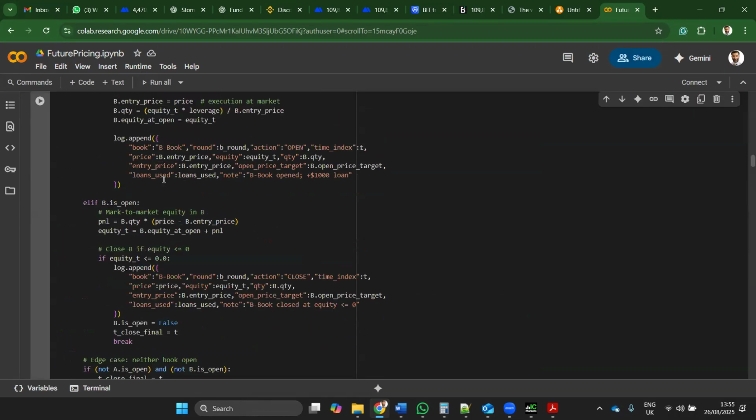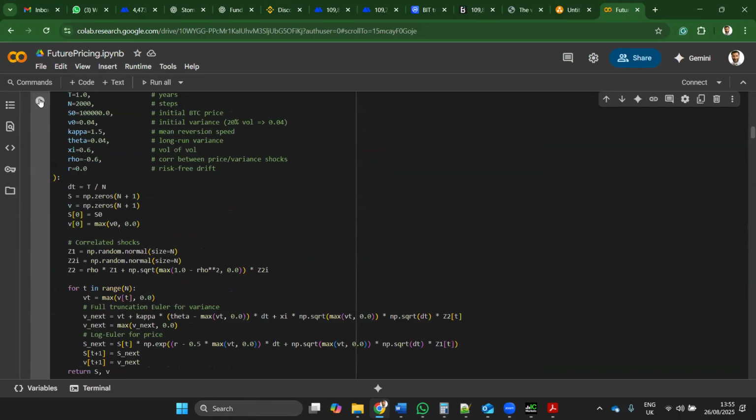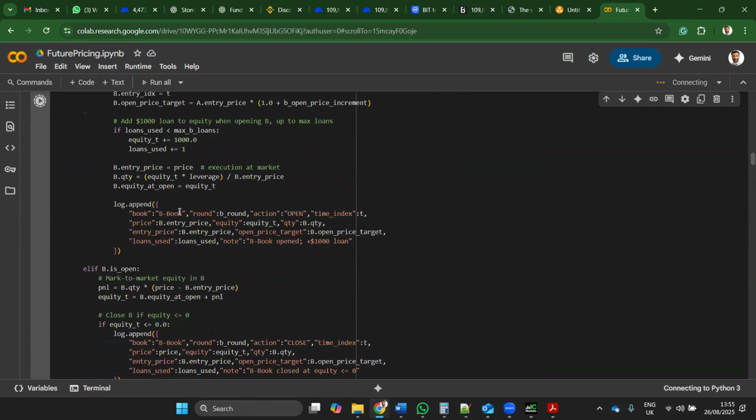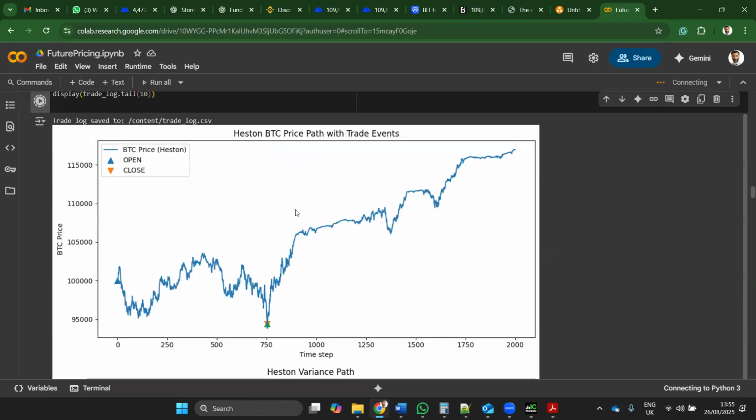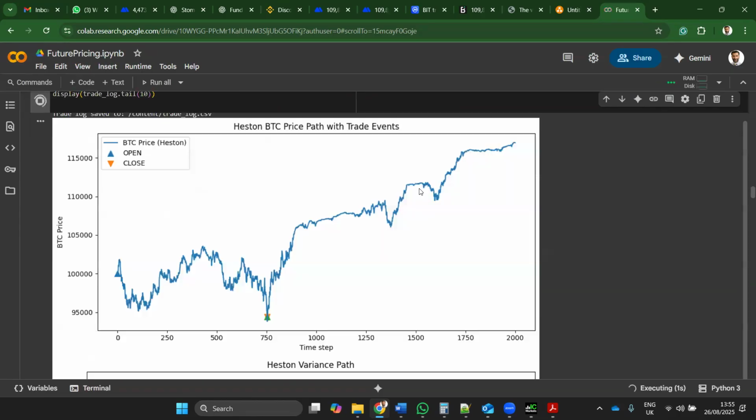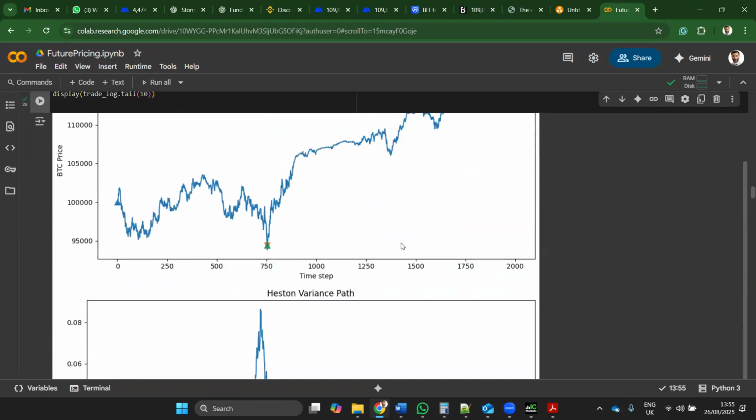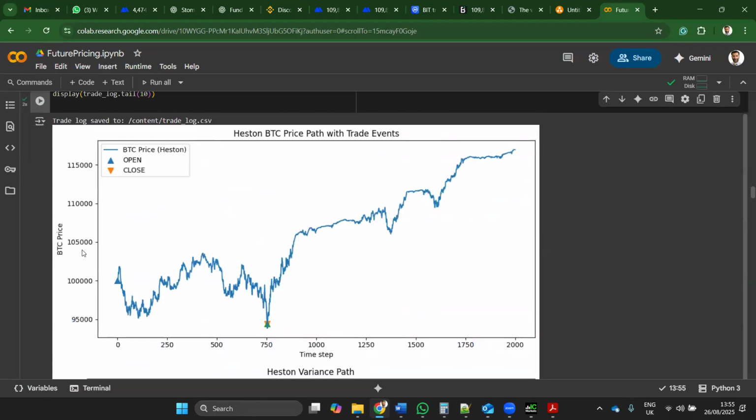Every time I run this piece of code to simulate the BTC price, you will see a very different price pattern. At the moment the prices look like this. Now you see, this is the BTC price starting from 100,000, and I only gave it the starting point, and then all these prices get simulated.